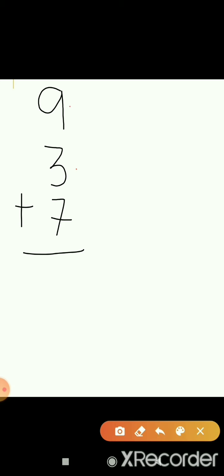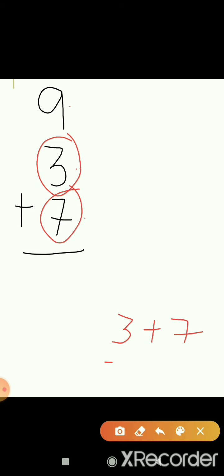Do 9 and 3 make a 10? No. 3 and 7. Do 3 and 7 make 10? Yes. Do you remember our number combination students? So 3 and 7 are the numbers which make 10.